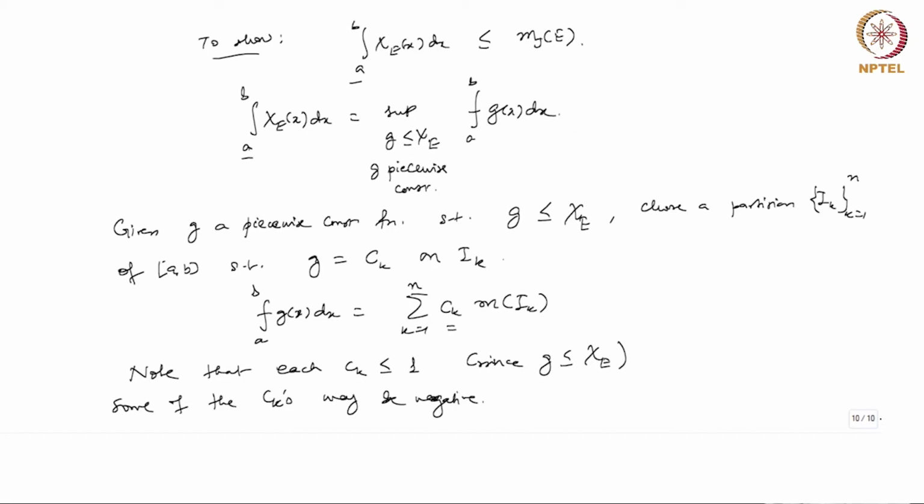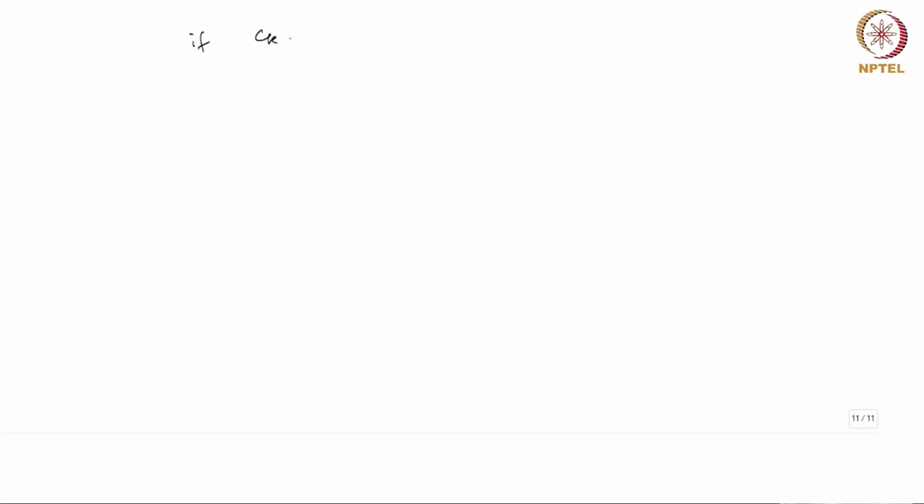So therefore, let I' be the set of indices in 1 up to n such that c_i' is greater than 0 for all i' in this set I', which means that we are only choosing those indices for which this constant value for g is positive.